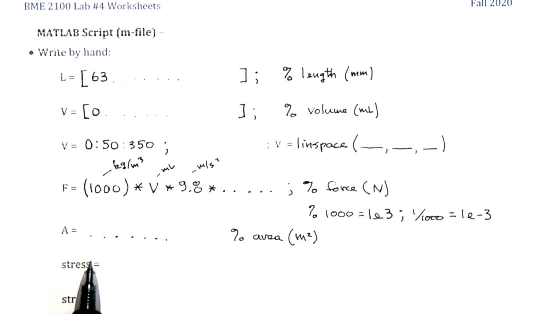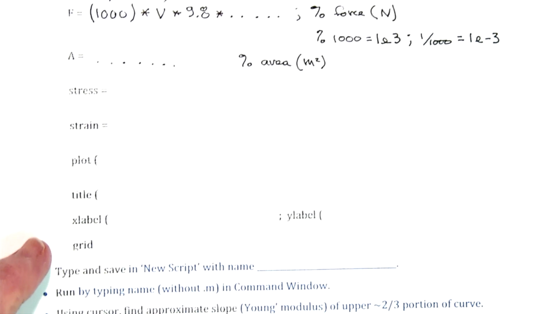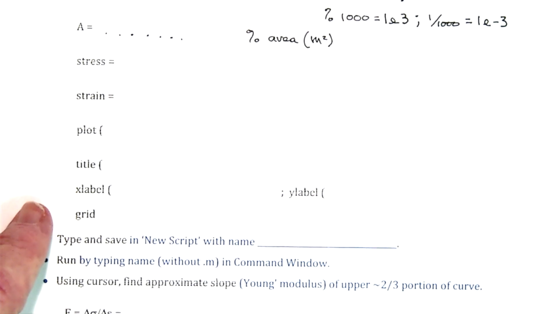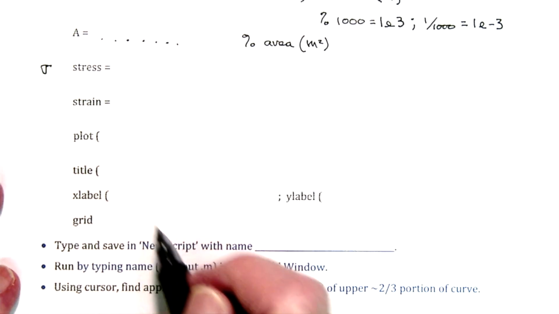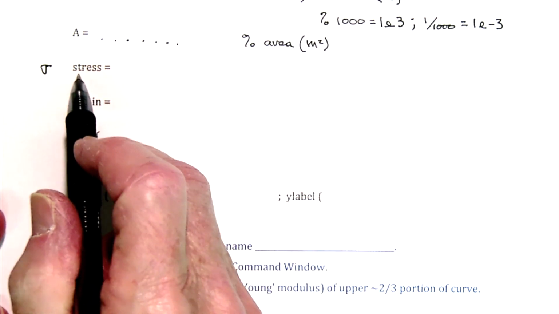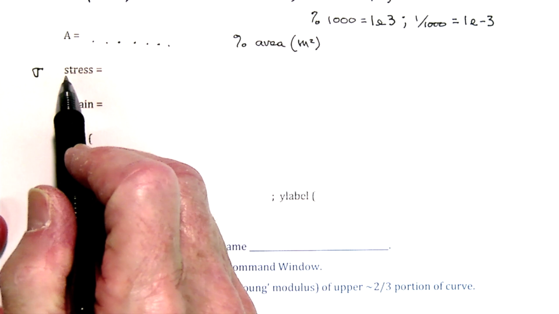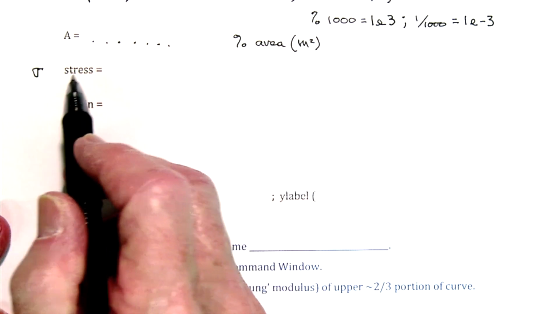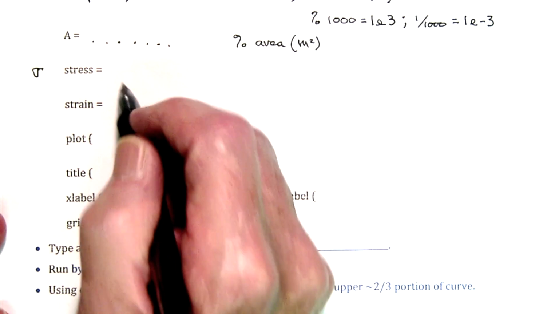Now for stress, stress is often given the Greek letter of sigma. But there is no sigma on the keyboard. So we have to label that vector with some other label. You could type in sigma here if you'd like. I've actually made the variable stress because that's what it actually is.